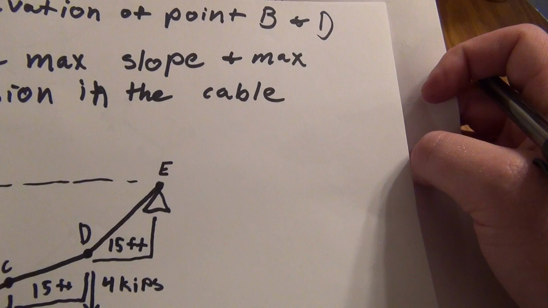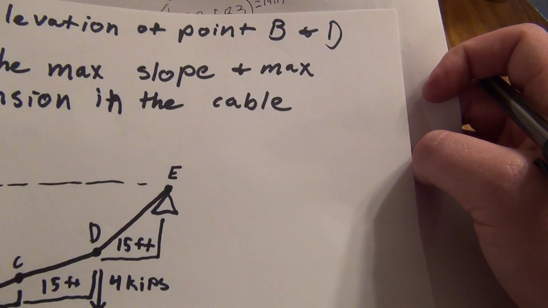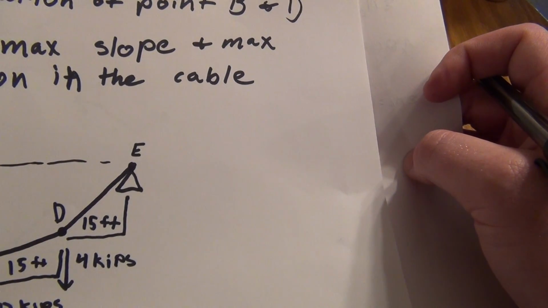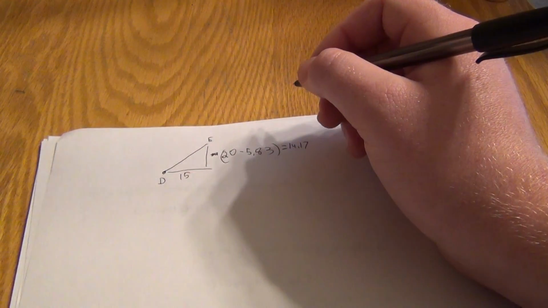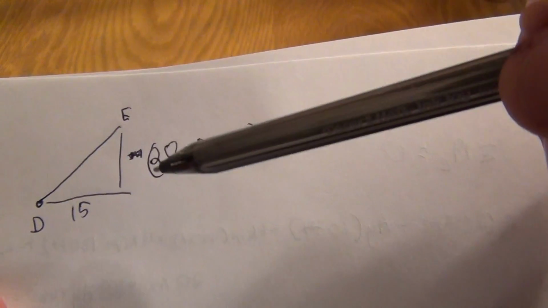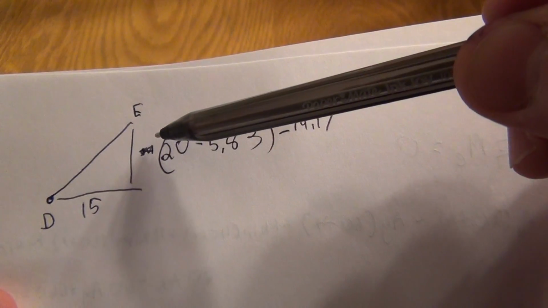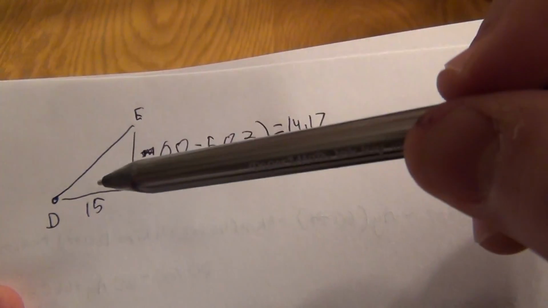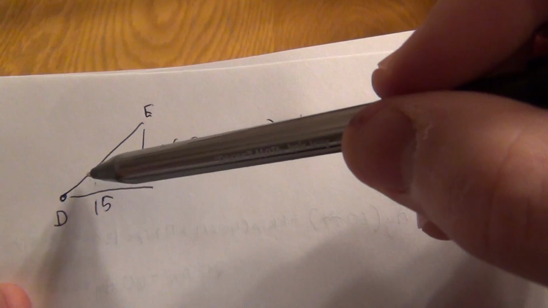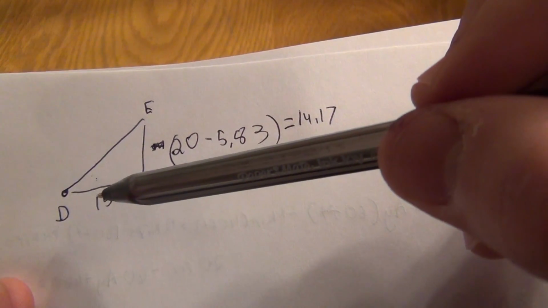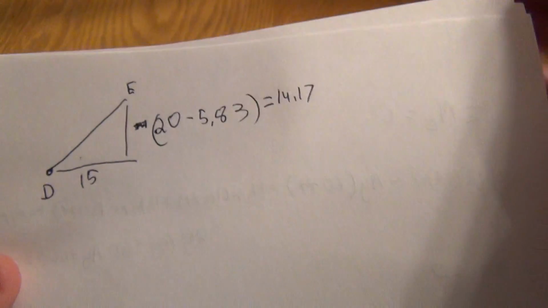So just doing some basic trigonometric work here, we can find the slope as an angle. So this is 15 feet. So let's look at the equation. We have 14.17 as our vertical and 15. And we are solving for this angle. So we're just going to use tangent, opposite over adjacent. Let's write that down.